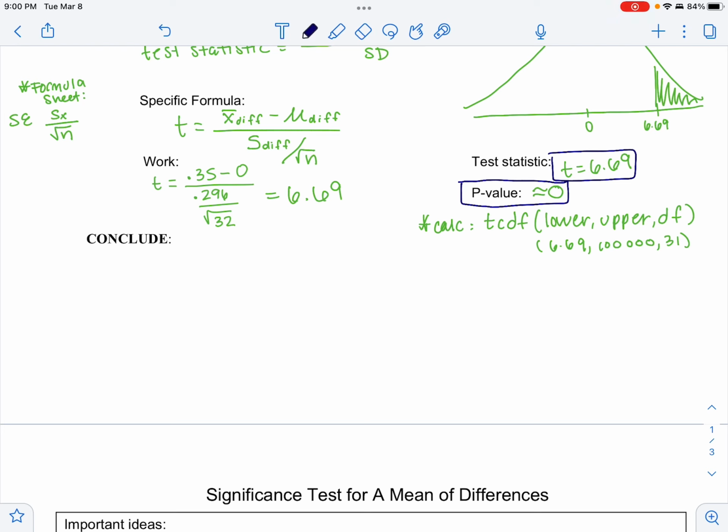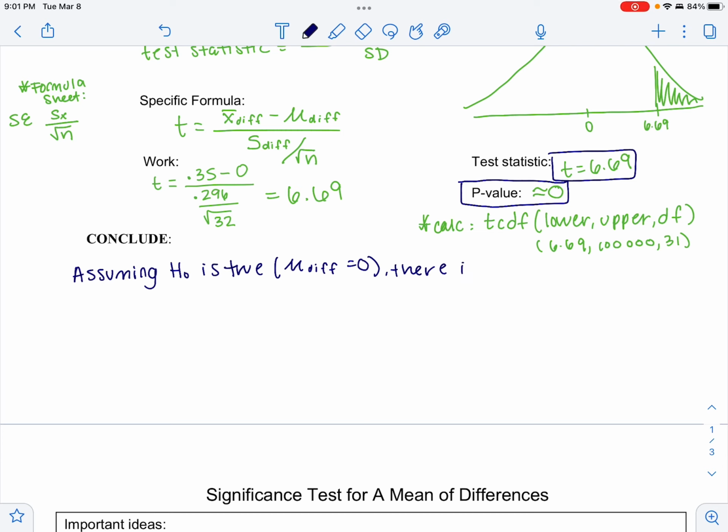And so for the conclusion, the first part is interpreting that p-value. So I'm going to start with assuming the null hypothesis, so H0 is true. And remember, that is that mu sub difference equals 0.